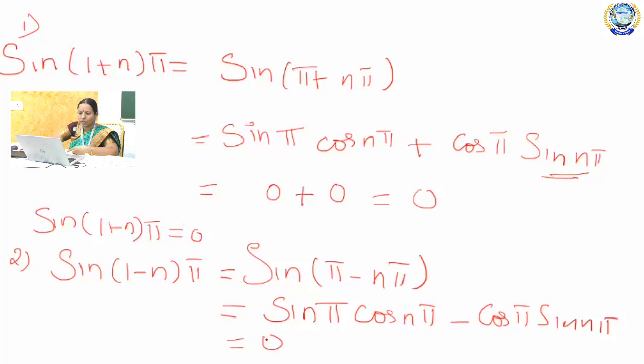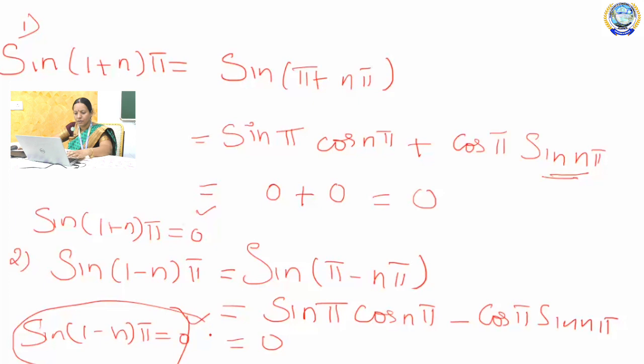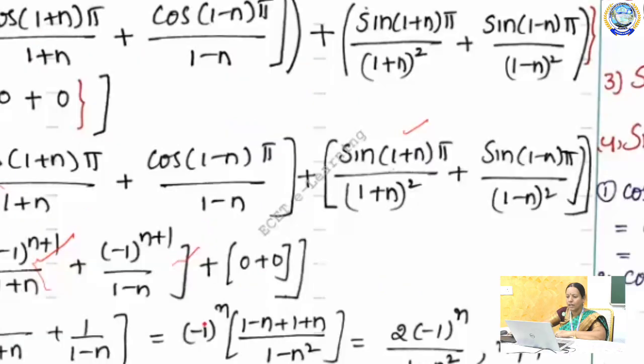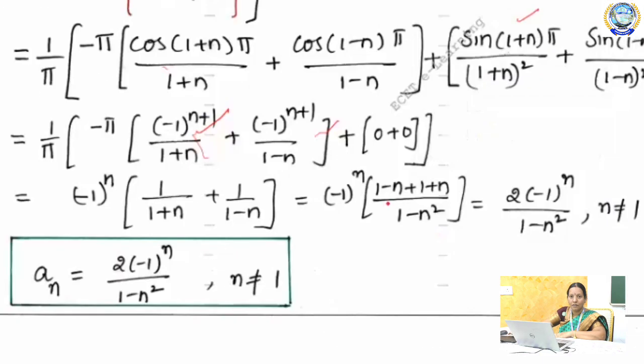So we got sin (1 minus n) pi equal to 0. Now, substituting these two values here, we get 0 plus 0. So after simplification, we got our an value equals 2 into minus 1 power n by (1 minus n) whole square. Here n not equal to 1.